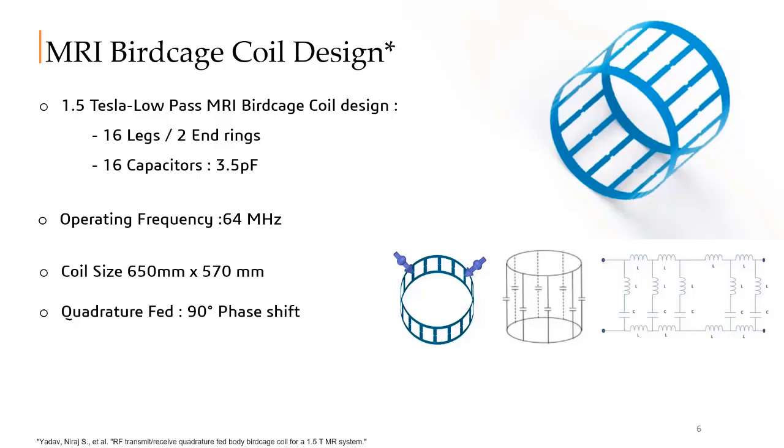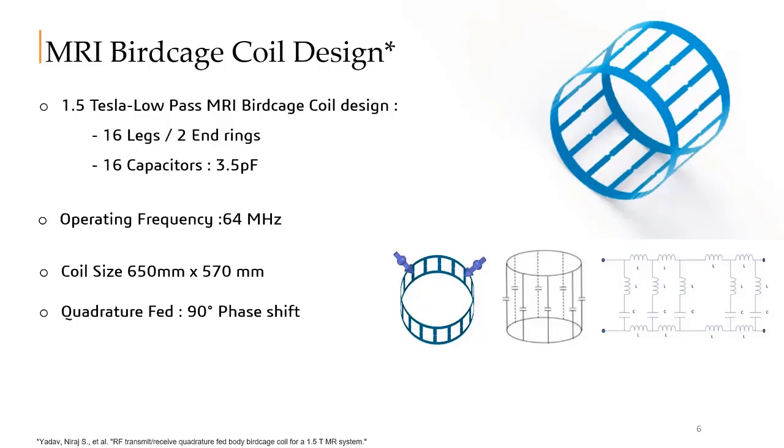So, our 1.5 Tesla static field low-pass MRI design operates at 64 MHz and it consists of 16 parallel conducting strips made of copper, called rungs, surrounded by two circular end rings with a diameter of 65 cm and total length of 57 cm, and equipped with 16 capacitors of 3.5 picofarad for the low-pass design.